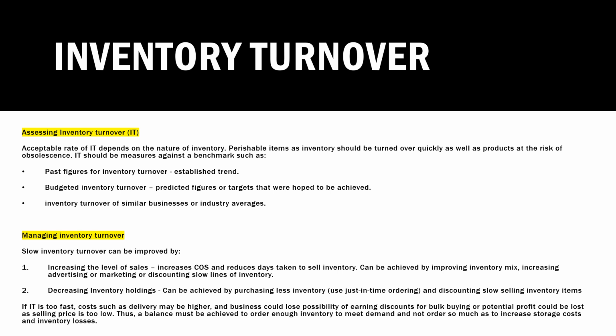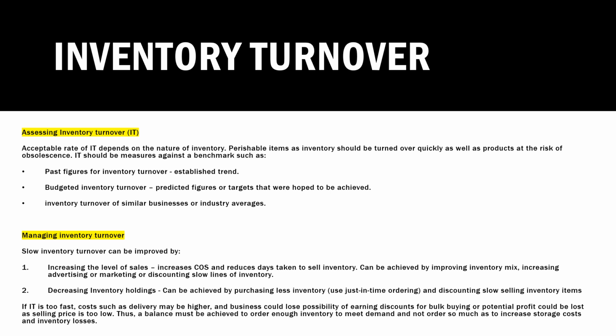So if we sell just the one item and it's not popular, maybe change it up a little. Increase advertising. If we don't use social media advertising at the moment, perhaps it's a good idea to start using that, or discount any slow lines of inventory. So something not being sold and nearing expiry, let's start discounting it.